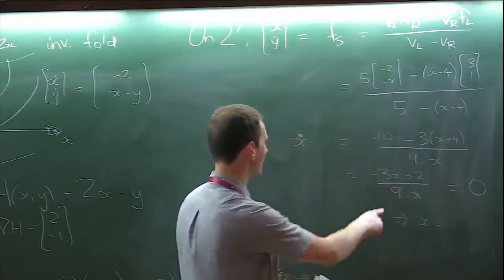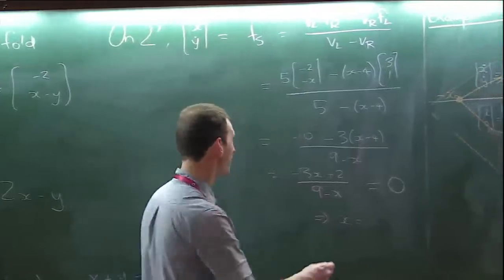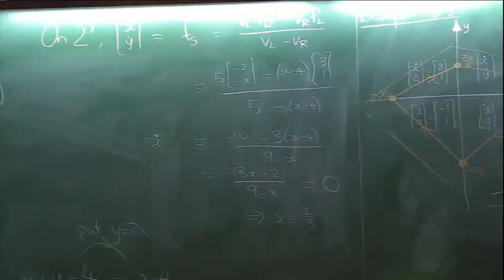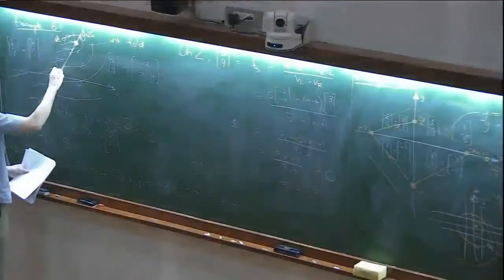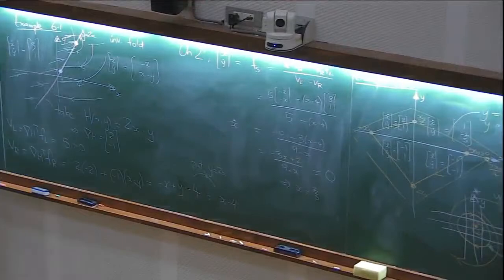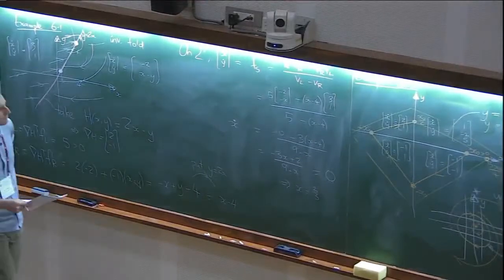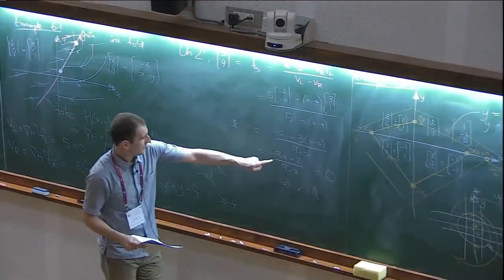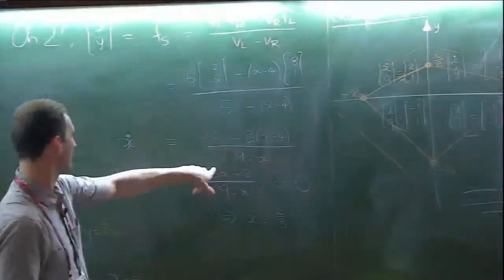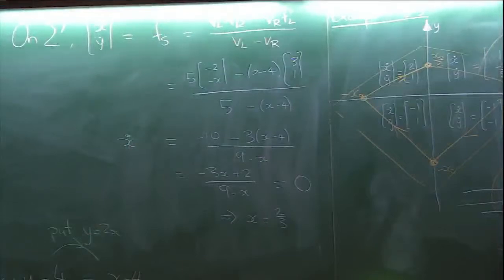And straight away, we can see x has to be 2/3. If x is bigger than 2/3, then this is negative. So if x is bigger than 2/3, x dot is negative, so x is decreasing.